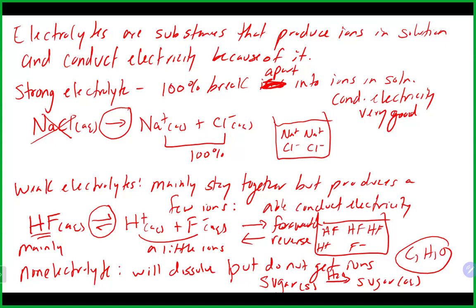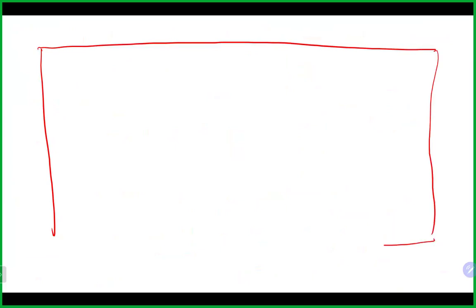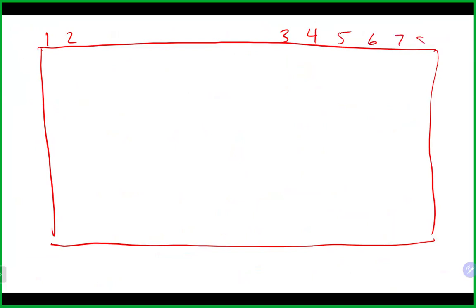So let's get into naming first. And before we do, let's just remind ourselves, which I think we saw in chapter 4, when we look at the periodic table, we've got group 1, group 2, and then 3, 4, 5, 6, 7, and 8 coming down this way.